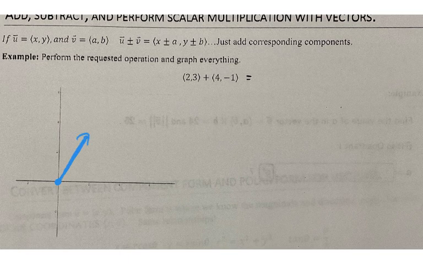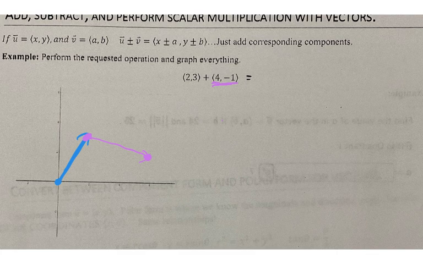Is everybody okay with that? Then if I wanted to add the vector 4, -1 to it, I just start a new vector where the first one ended. If I'm going 4, -1, that means from 2, I'm going to continue 4 more to the right, which would put me here. And then the -1 means I'm going 1 down, which would put me right here.